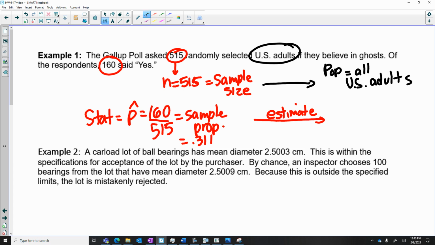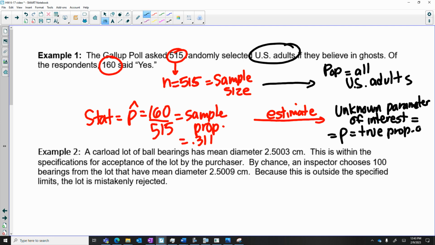So the unknown parameter that we are interested in is called p, and that is going to be the true proportion of US adults who believe in ghosts.